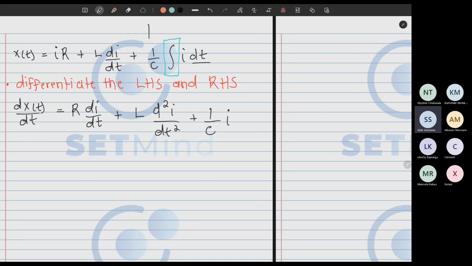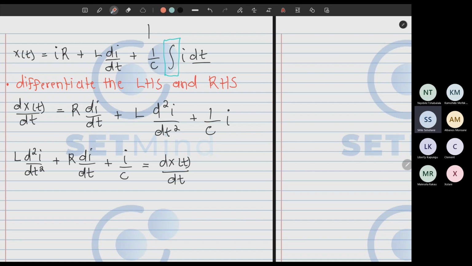So if you look carefully, all what we have here is simply a differential equation. It is L d²i/dt² plus R di/dt plus I over C, and this is just dx/dt.